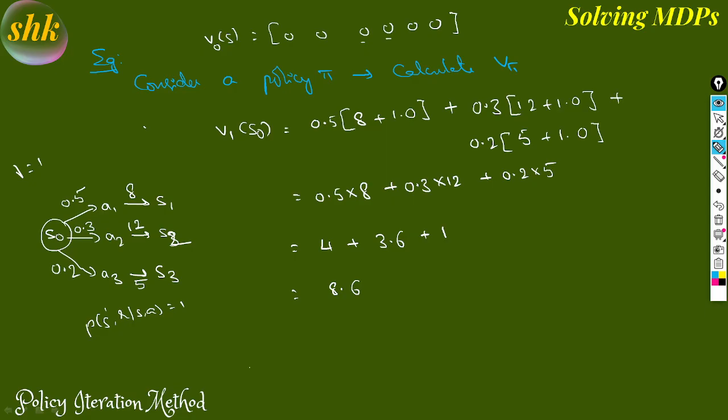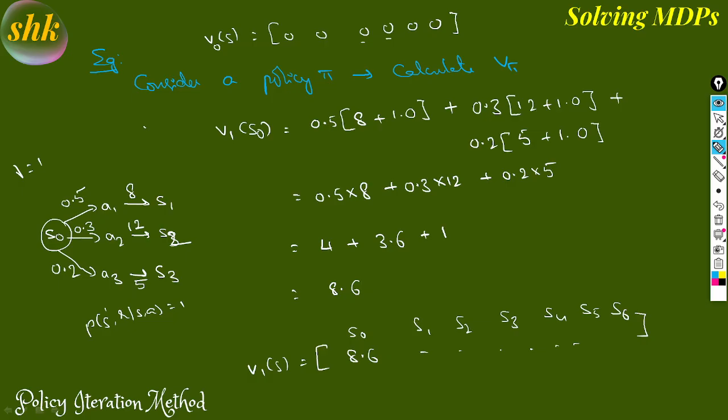So when we are updating the V1 of S for the S0 state, we will update it with 8.6. Similarly, we are going to calculate for S1, S2, S3, S4, S5, S6 states. We are going to update these, and compute all the V1 values for every state.